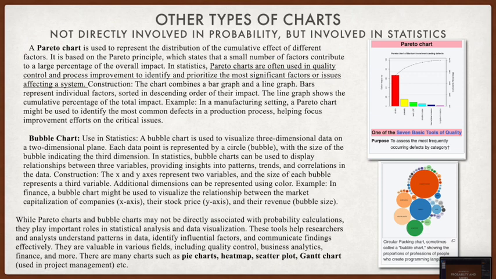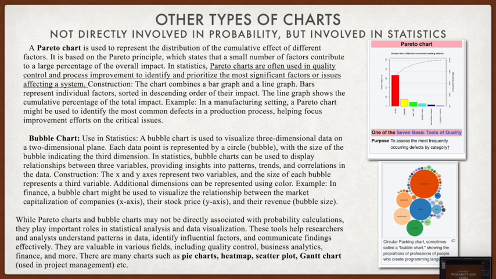A Pareto chart. The Pareto principle works on the 80-20 principle. So 20% of the people are more wealthy than the 80% of the people in the world, and on that basis the Pareto principle works.